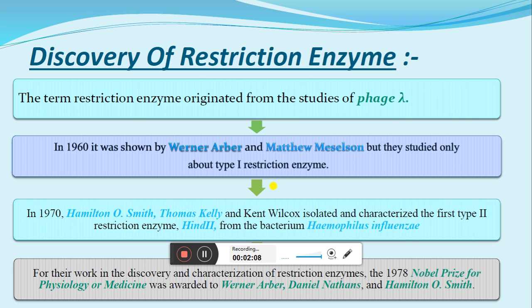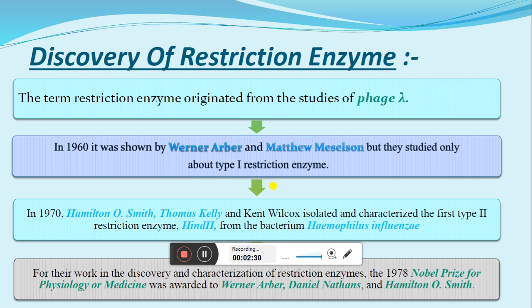In 1970 Hamilton O. Smith, Thomas Kelly, and Kent Wilcox isolated and characterized the first type 2 restriction enzyme from the bacterium Haemophilus influenzae. This is the next restriction enzyme, discovered by O. Smith and Thomas Kelly.